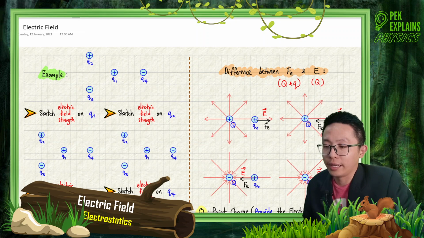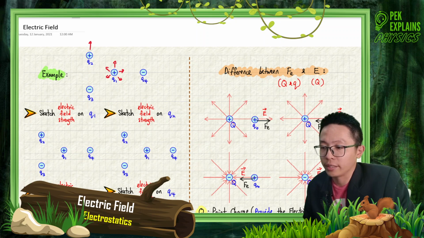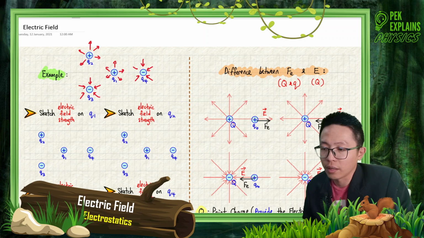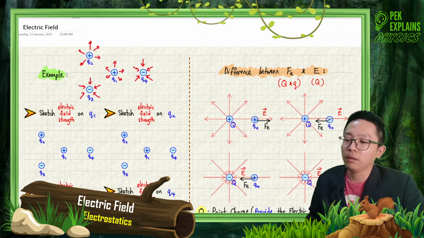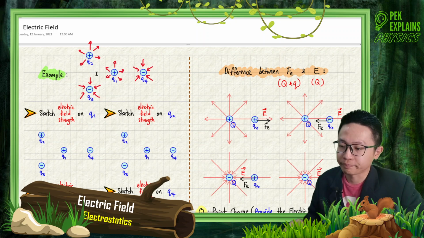Q1 emits its electric field outward. Q2 also has its own electric field. Q3 has its own electric field going inward, and Q4 also has its own electric field going inward. All of them have their own electric field.